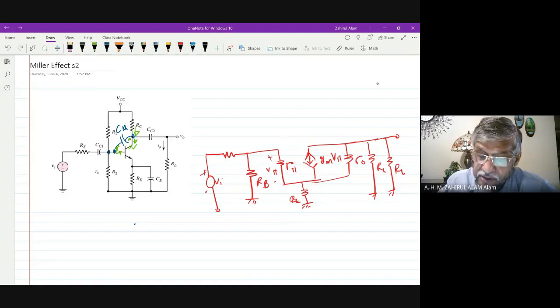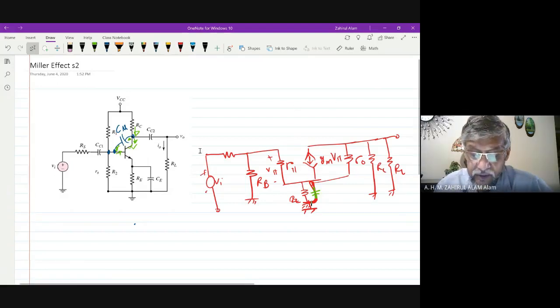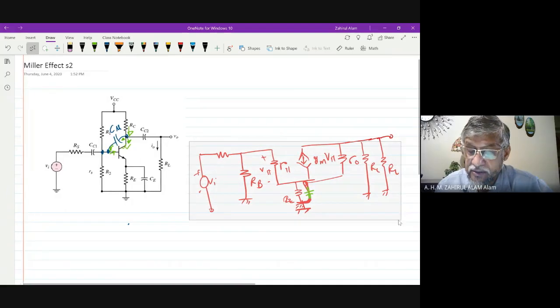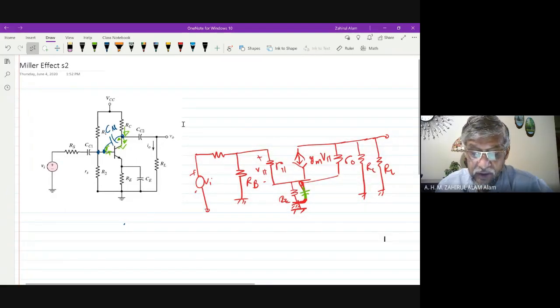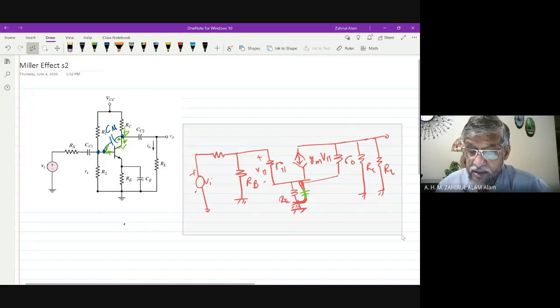But at high frequency, this capacitance is a short circuit. Is it right? If it's a short circuit, then it is not necessary to draw it like this.